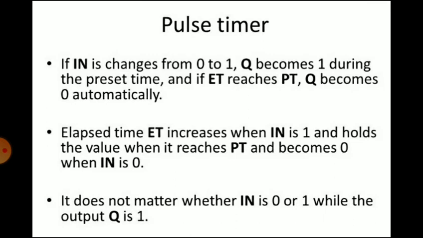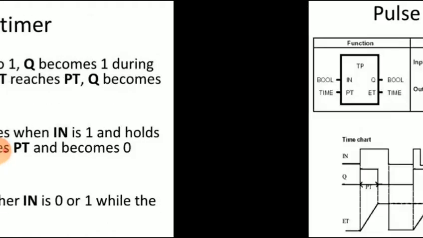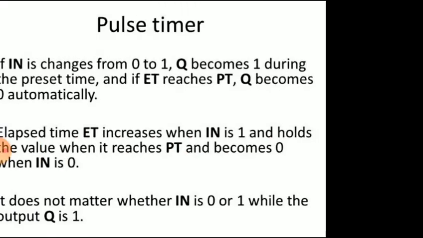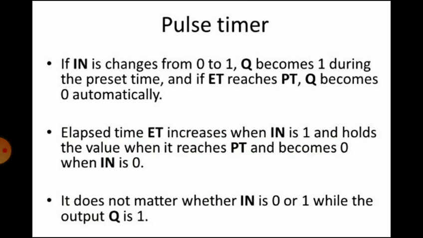So if In changes from 0 to 1, Q becomes 1 during the preset time, and if ET reaches PT, you can see ET means it is the elapsed time and PT means it is the preset time. So when the elapsed time reaches the preset time, Q becomes 0 automatically.